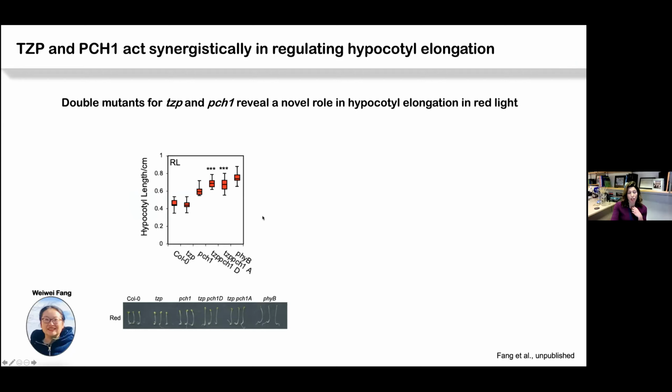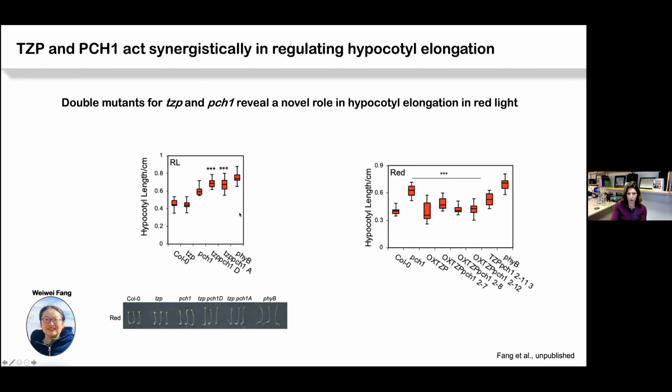PCH1 was known to play a role in red light signaling through regulation of phyB activity. And although TZP and phyB have been previously shown to interact, there was no clear hypocotyl elongation phenotype in red light. The only phenotype was with respect to flowering initiation. So potentially these two proteins play synergistic roles in terms of regulating hypocotyl elongation in response to red light.